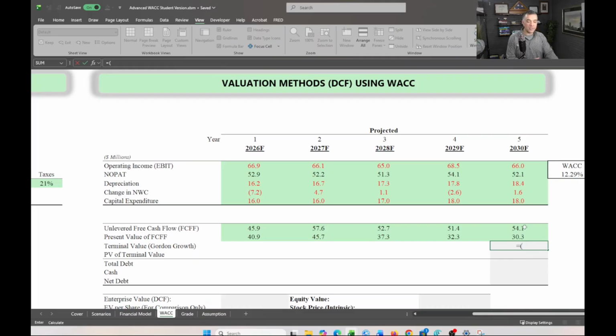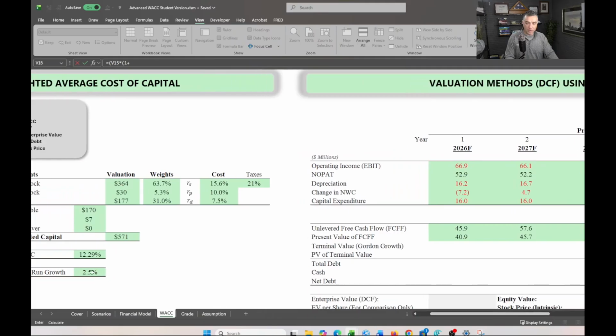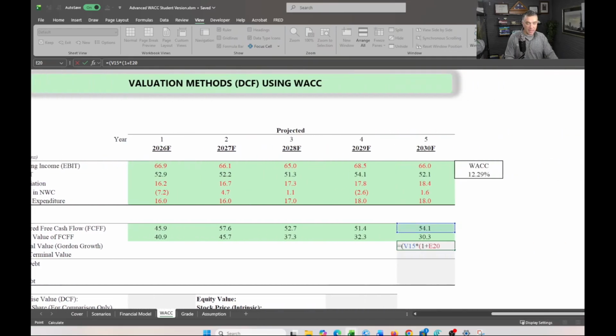So what I'm going to do is select that cash flow, and grow that at the constant rate of 2.5. I'm going to multiply it times 1 plus, if you remember on this side, we put that growth rate. I'm going to go back over to show what it looks like. I'm going to hit 2 brackets now.